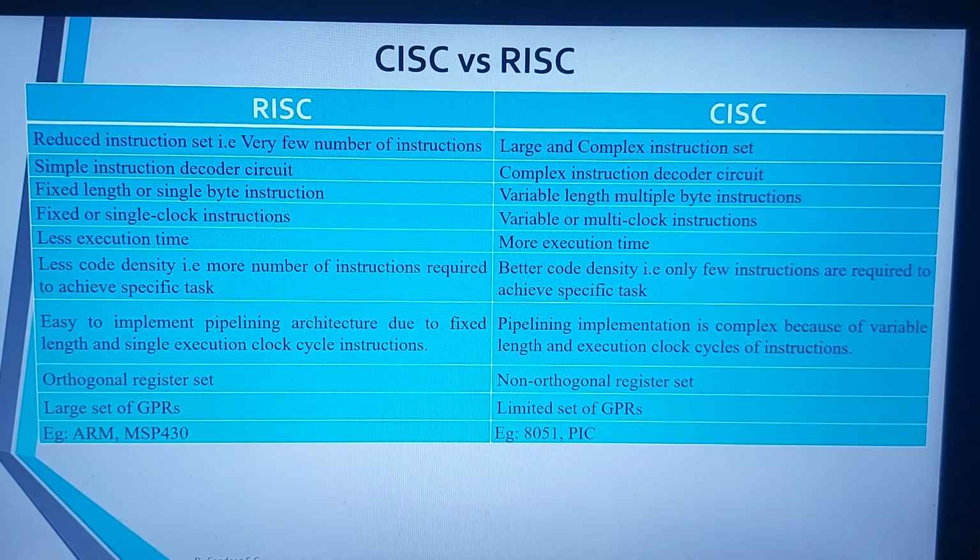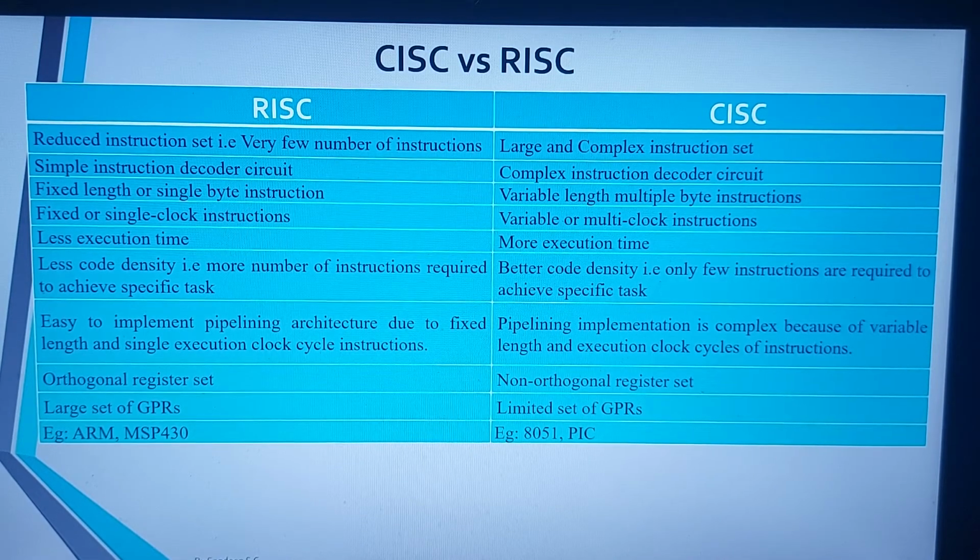And if we talk about the length of an instruction in terms of memory, most of the instructions in RISC are fixed in length, usually a single byte of memory. Whereas in the case of CISC, each instruction may take a different amount of memory for storage.